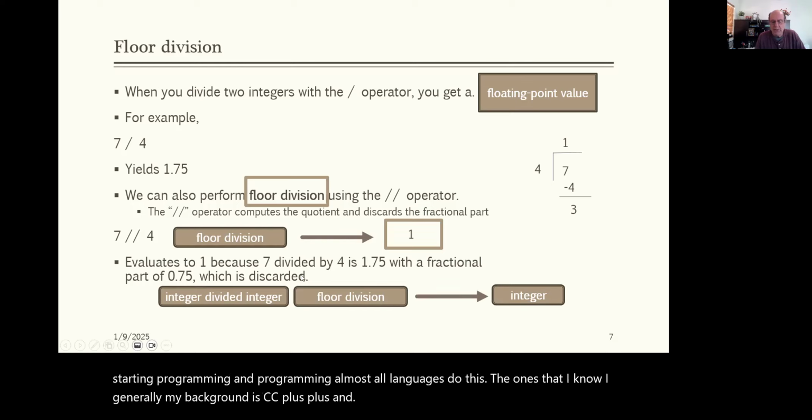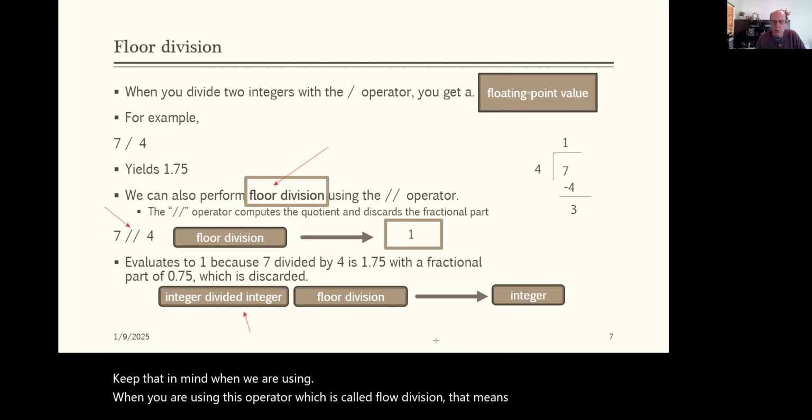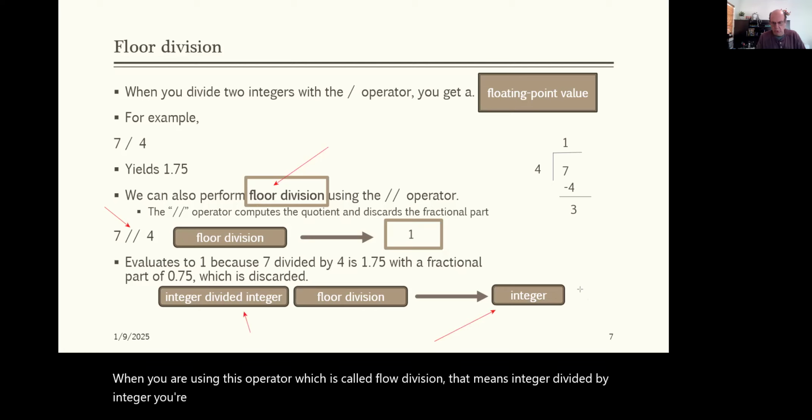In those languages, an integer divided by an integer is always going to give you an integer. Keep that in mind when you are using this operator. You will not receive a decimal point. If I want a decimal point, I'm going to use the regular division.